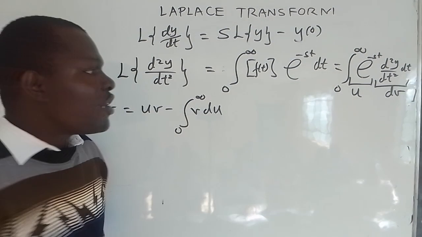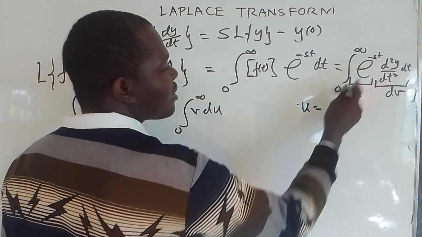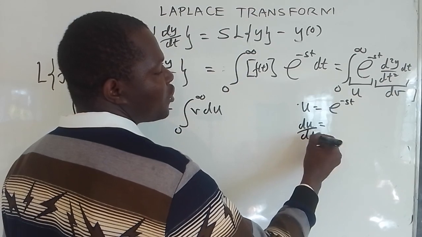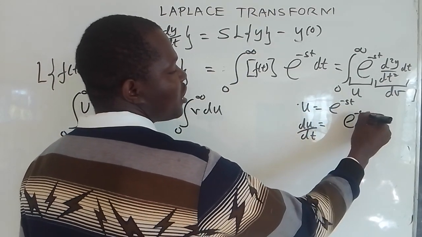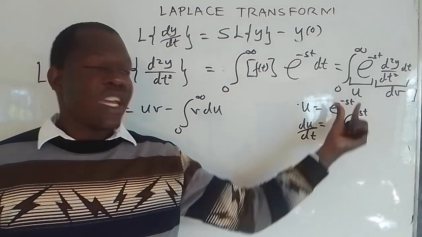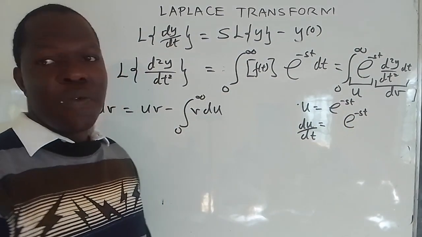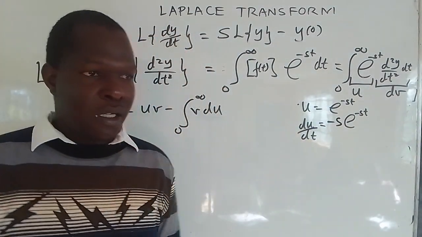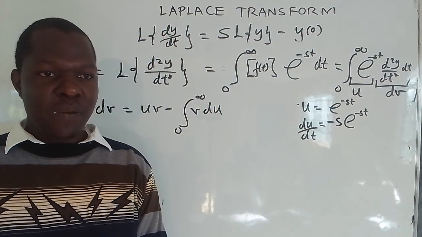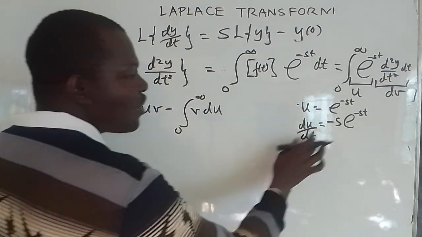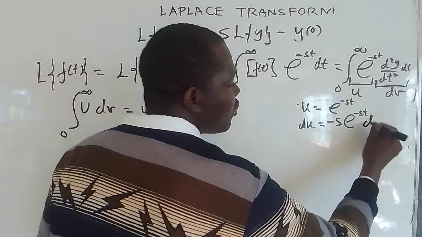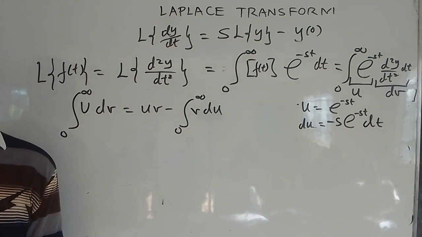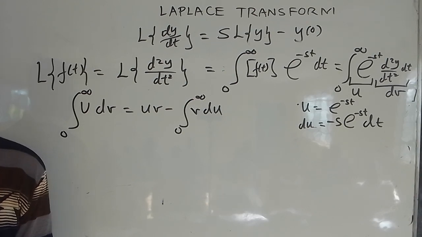So from here, our u is exponential minus st. If you differentiate u with respect to t, you differentiate the exponential function, it remains the way it is. If you differentiate the inner function minus st, you differentiate t, you get 1, and minus s is a constant, isn't it? So you just remain with that constant to be the derivative of the inner function. So that is du over dt, then you multiply both sides by dt, you remain with du equals minus s exponential negative st dt, isn't it?